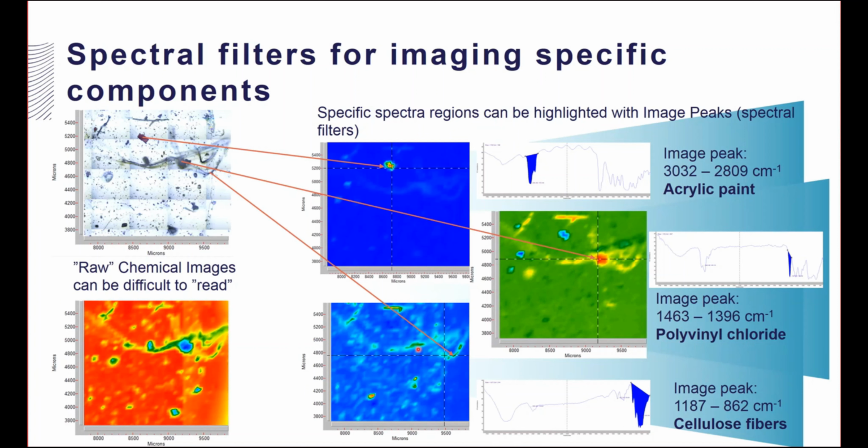And finally, by highlighting a third spectral range, we can highlight another type of component, related to these fibers, which are cellulose fibers. So spectral filters or image peaks can help us to read through chemical maps.